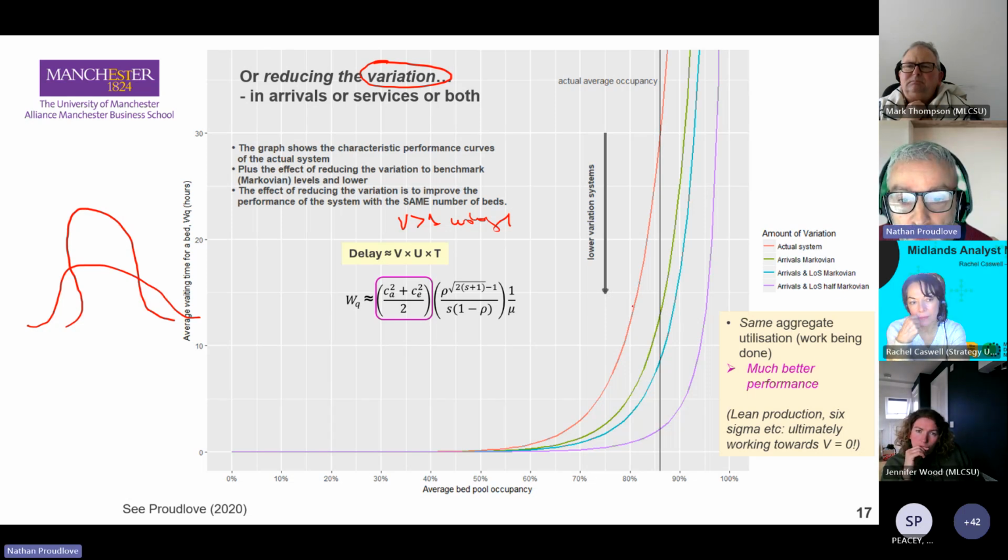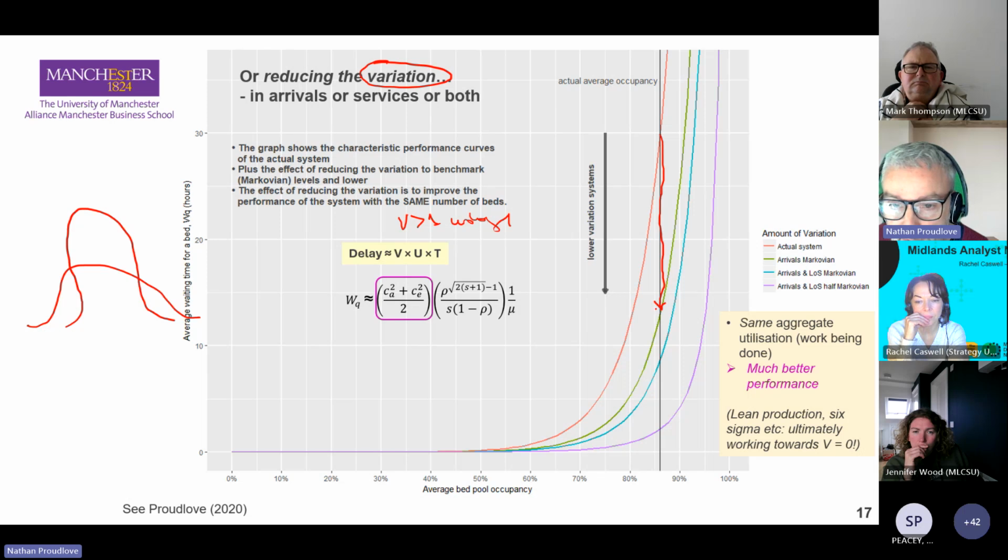So high variation, quite rapidly, well before 85%, the average waiting time is shooting upwards towards infinity. If you could reduce the variation, for example, down to that benchmark level of 1 that's assumed in the models, you'd be operating as the green system. So the waits at the same utilization, same beds, same number of patients, would be much shorter.